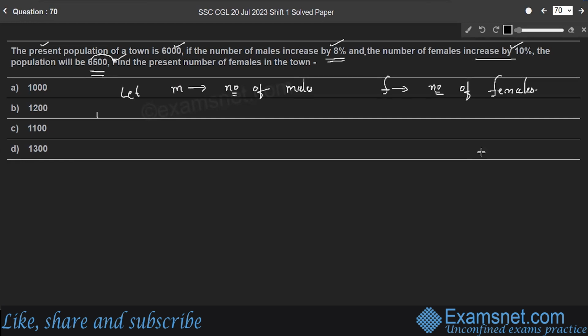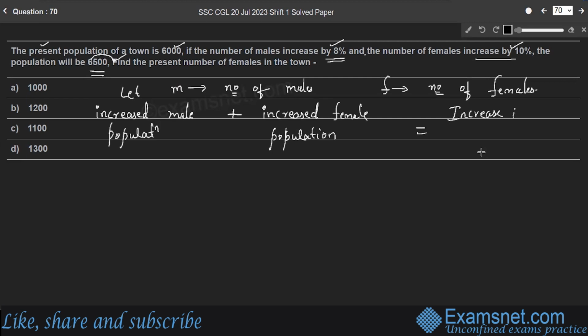Therefore, we'll consider increased male population plus increased female population, only the increased value we are taking, is equal to the increase in total population.